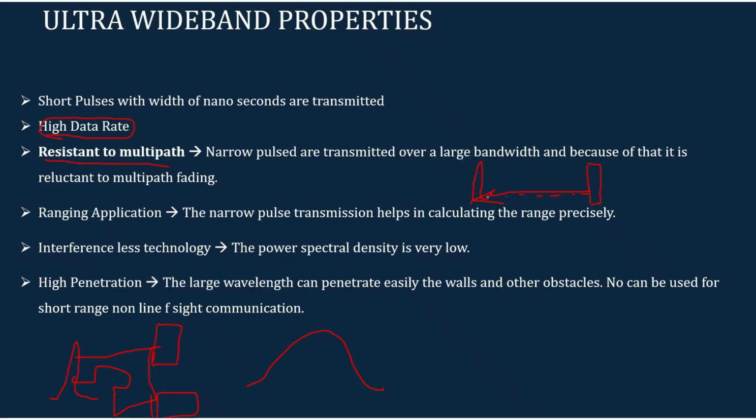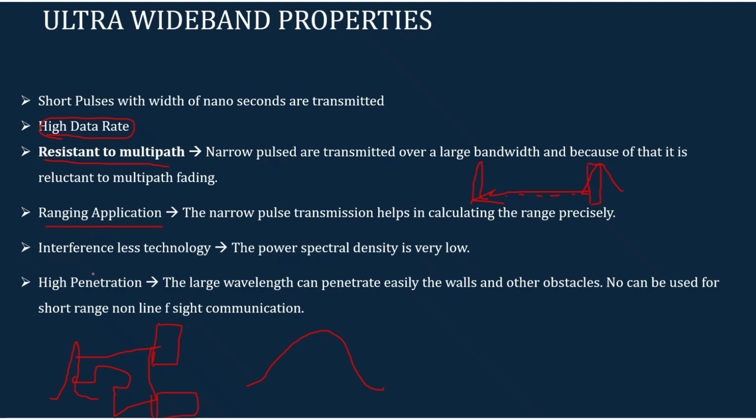As it is a narrow pulse, it is very easy to calculate the range precisely, because with a very wide pulse, small objects would not be detected as they would be covered by the wide pulses. With a narrow pulse, even small distances or small objects can easily be detected. That is one of the other factors.